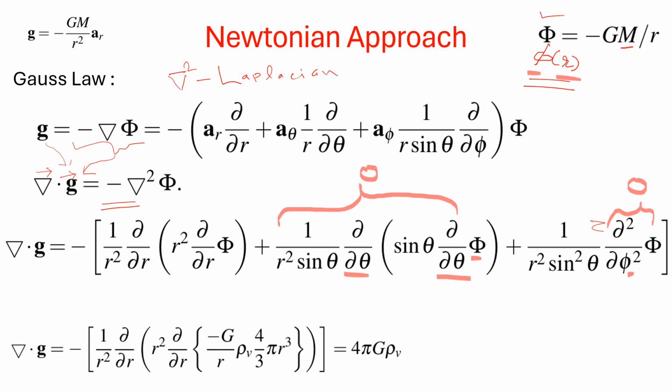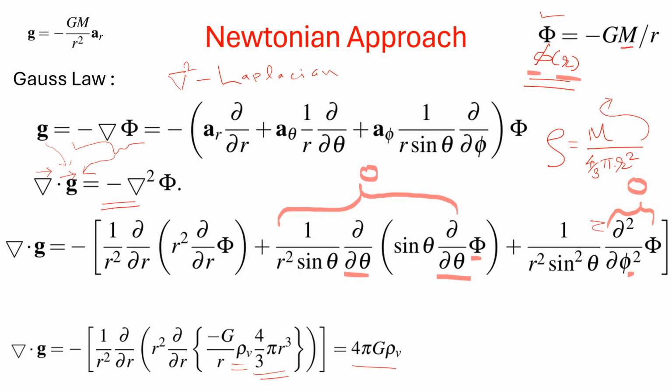This mass m I'm going to write in the form of density, where density we refer to as mass upon volume. Volume, spherical volume, is 4 by 3 pi r cube. So simplifying this equation, I want to write m as rho v, that is density multiplied by volume of the sphere, and when you simplify this you obtain 4 by 3 pi G rho v.